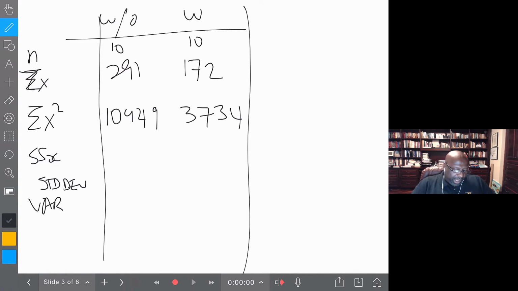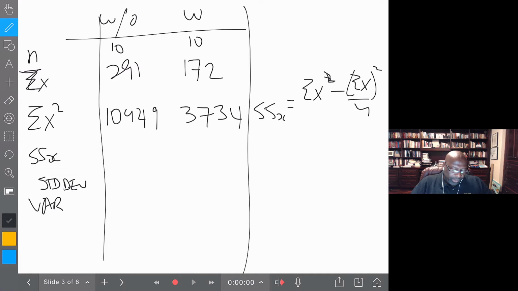All right, so now to calculate, what we need to do is to find SSX. And remember, SSX for each case is the sum of x squared minus the sum of x, all squared, over n.